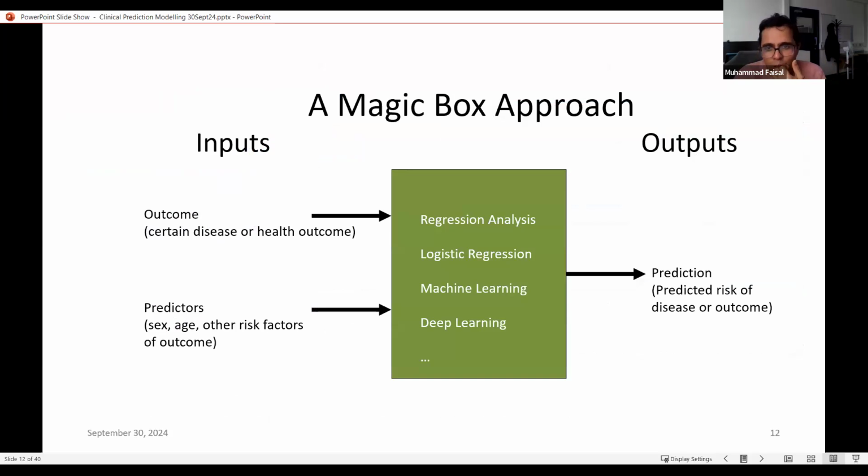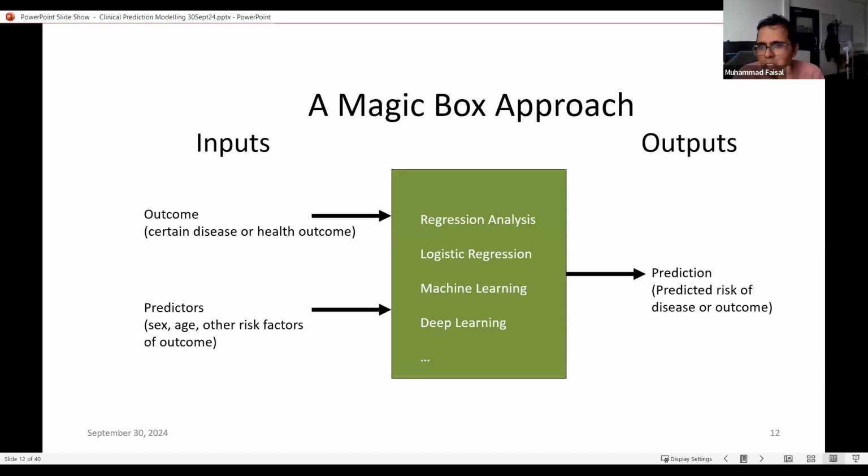So my magic box approach is just to intervene for this session. It shows you roughly what the ingredients of these models are. You need an outcome for which you would like to develop the model, and the inputs are your predictors, for example demographic factors, socioeconomic factors, or other factors related to your outcome.